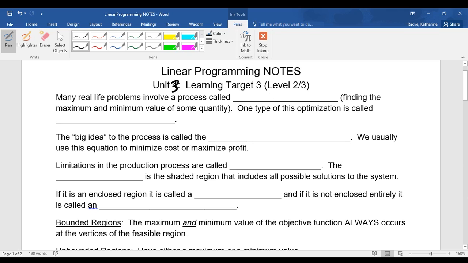Many real-life problems involve a process called optimization: finding the maximum and minimum value of some quantity. One type of this optimization is called linear programming.